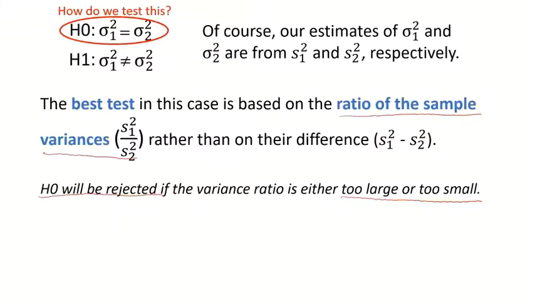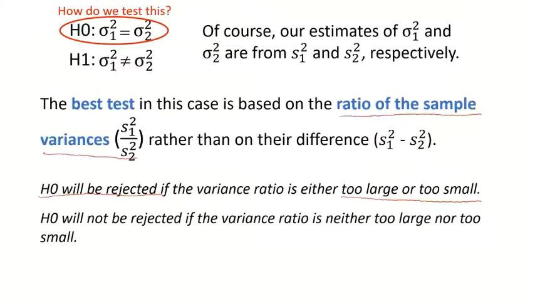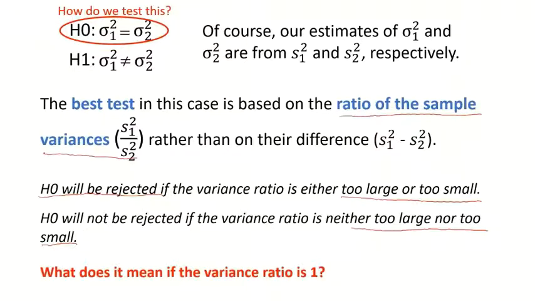And we are going to accept our null hypothesis if this ratio is neither too large nor too small, aka close to 1. In fact, when the ratio is exactly 1, that means that the two variances are equal, and of course, we are going to accept our null hypothesis here.